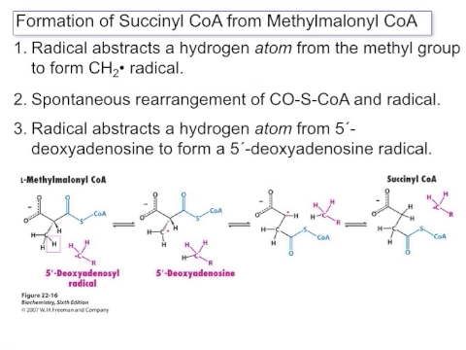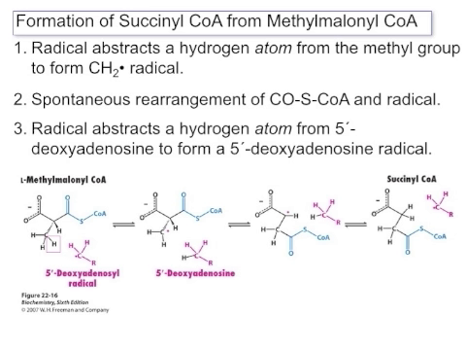So now that we have a free radical at the 5' deoxyadenosyl group, what are we going to do with that, and how is this going to affect the formation of succinyl-CoA? Well, the first thing that's going to happen is the radical is going to abstract a hydrogen atom from the methyl group of L-methylmalonyl-CoA to form a CH2 radical there.